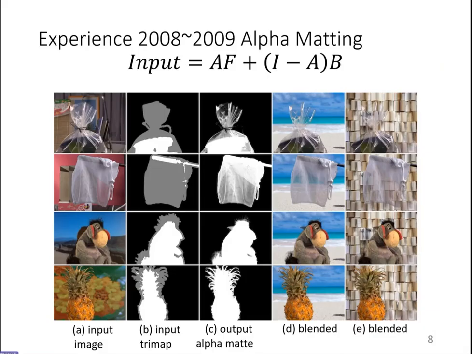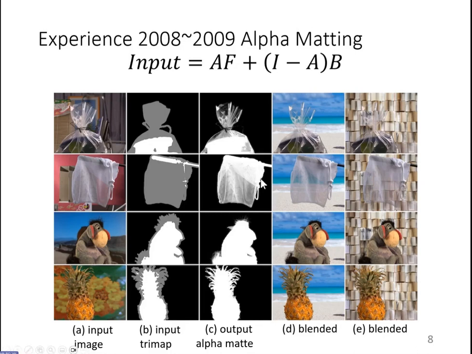And from 2008 to 2009, I was a research assistant at Academia Sinica, and my research topic was alpha matting. Alpha matting means, so let's see this example. This is the input image, or given image. I write it here, input, and you can see there is a foreground object and a background.